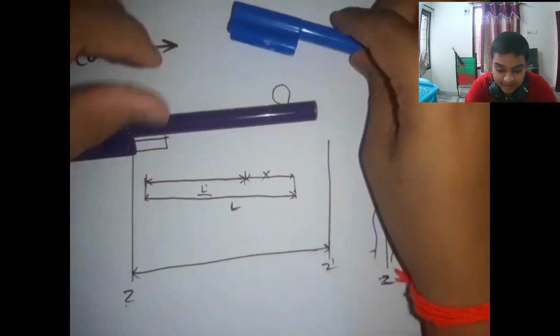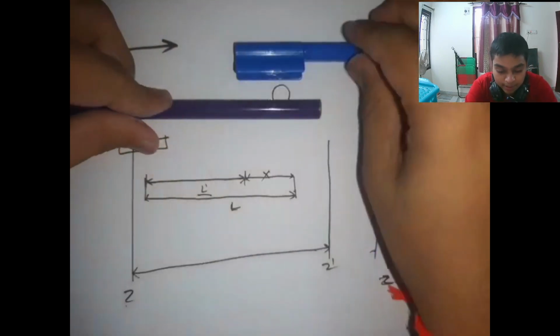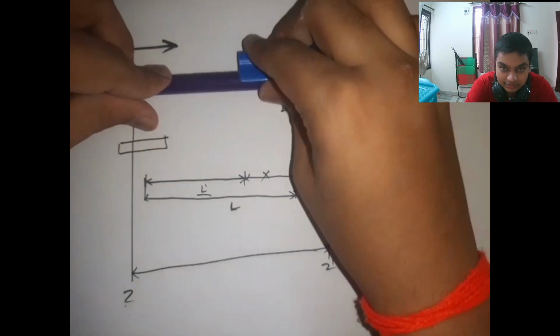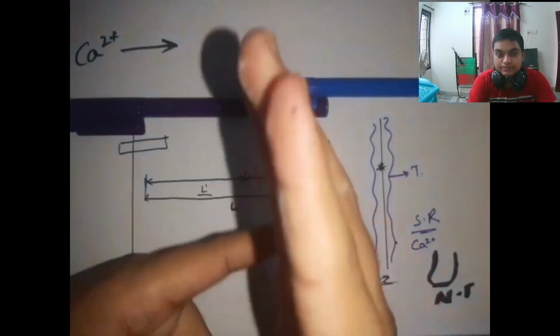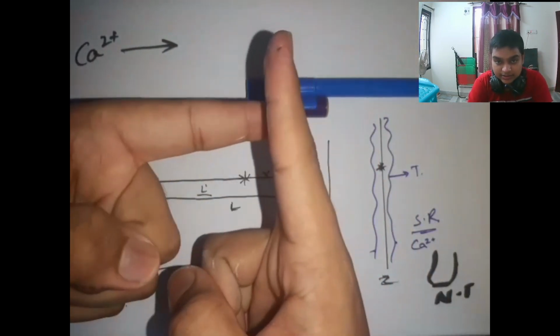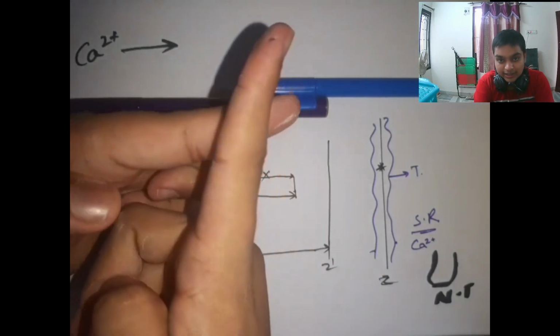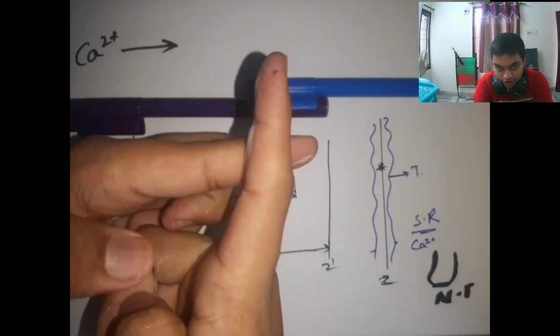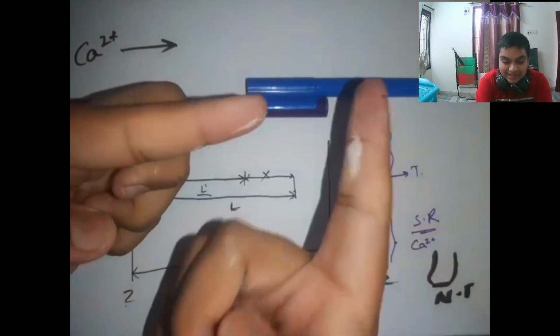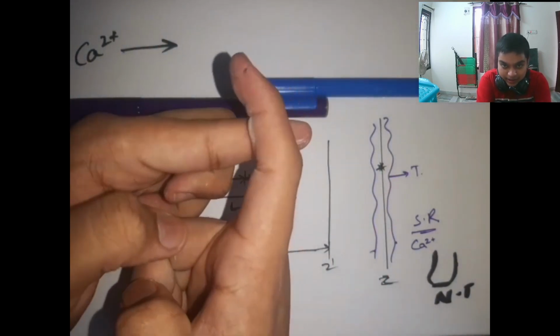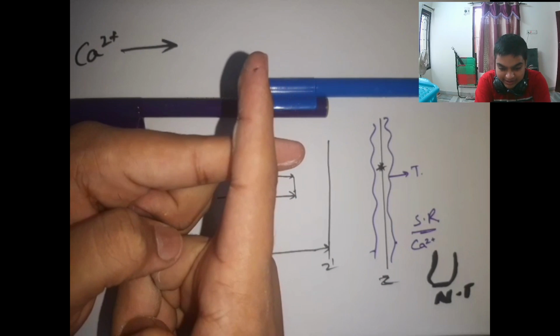Now it moves aside. Now this head binds with actin. The head binding is completed. Now, as this head is like this, see, if this is the head and this is the actin, the head binds like this. In order to pull this actin towards itself, it moves its head backwards.